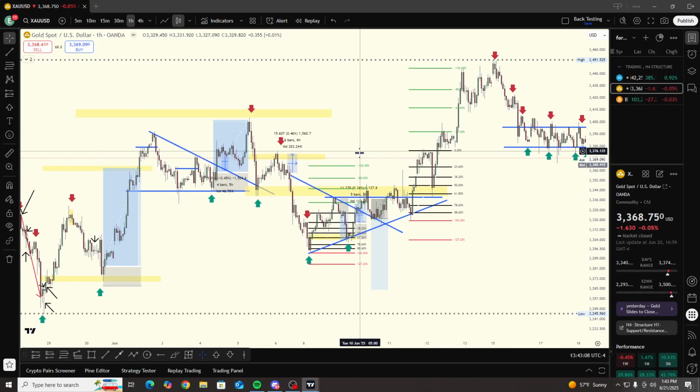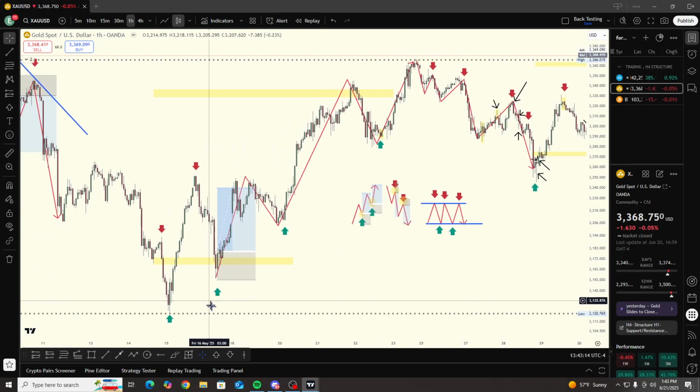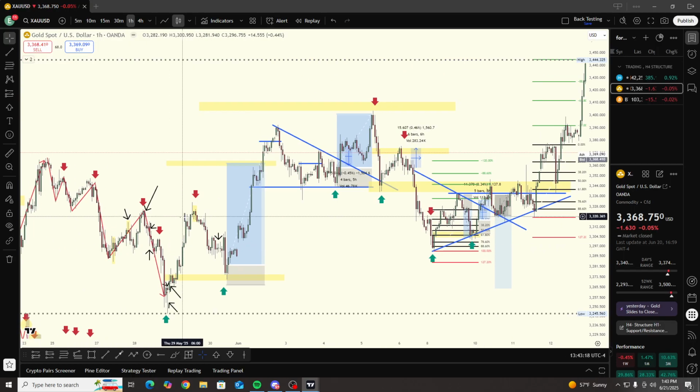So that's the video for today. We went over a lot. We went over patterns. We went over where we started. We went over patterns with resistance, what forms resistance, which is a bullish candle on the left and a bearish candle on the right.